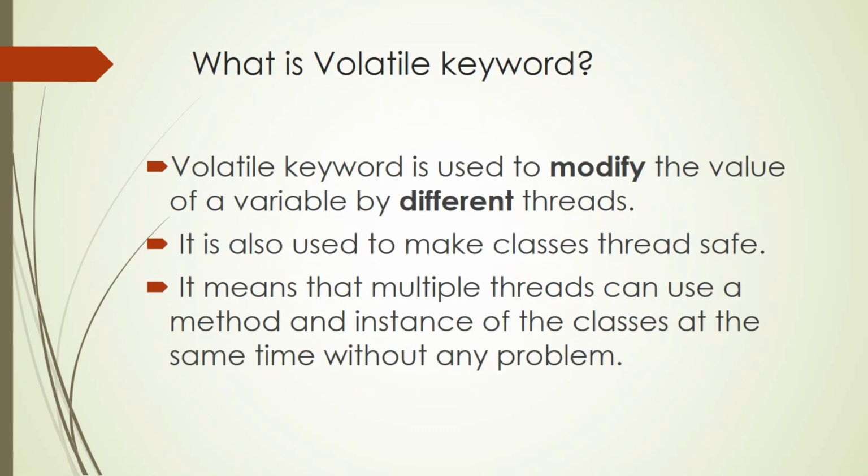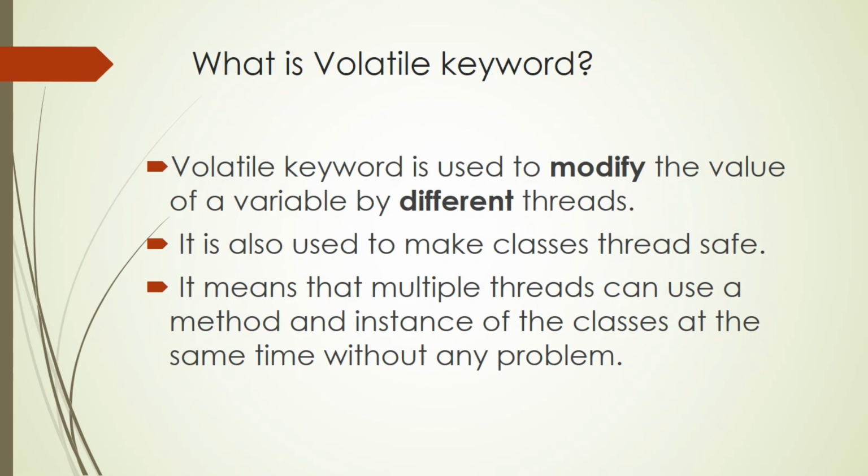What is the volatile keyword? This is related to threads. The volatile keyword is used to modify the value of a variable by different threads. In case of multi-threading, if sharing is going on, like for a counter, most of the time we use the volatile keyword for the counter.